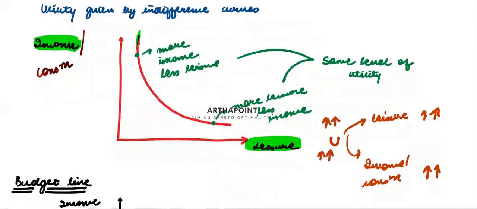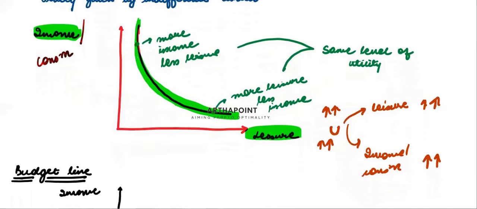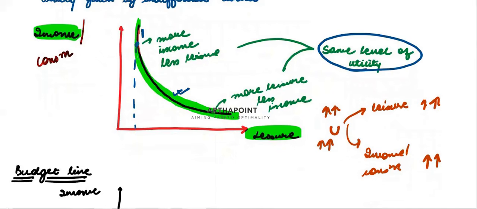Now an indifference curve is like this. It shows all the points that give you the same level of utility. So just consider this, okay? Consider point A. I have less leisure, but I have more consumption. As I go to point B, my consumption is decreasing.